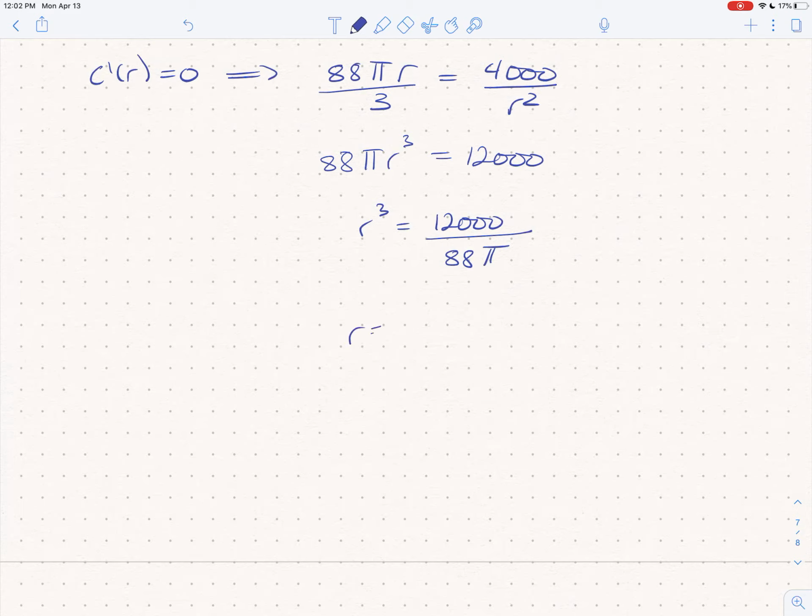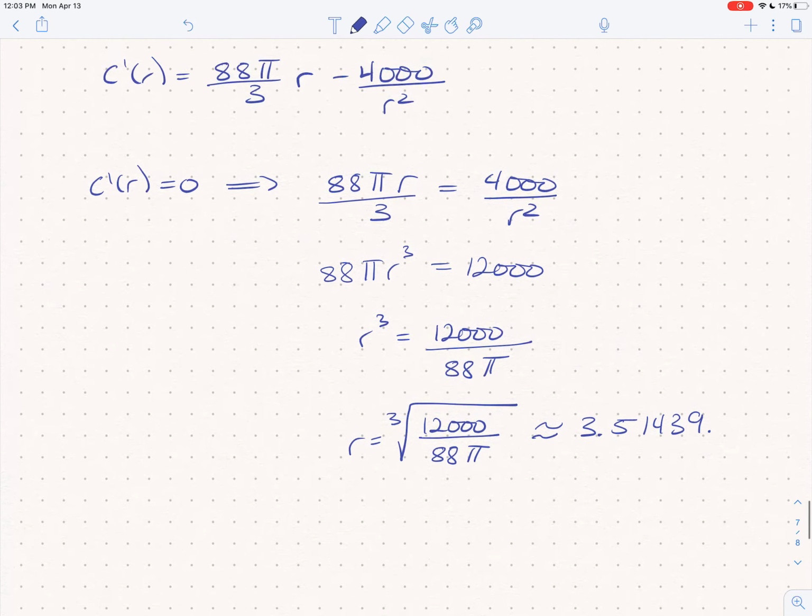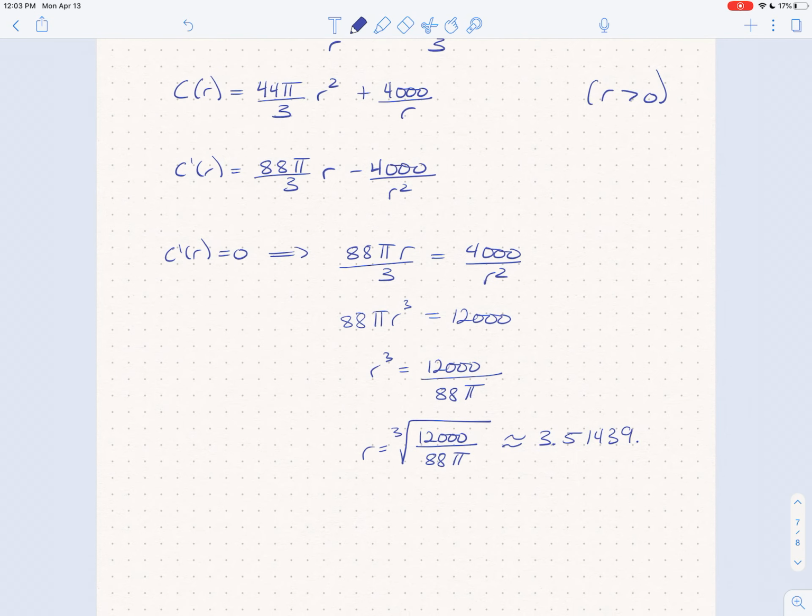I went ahead and just realized that r is the cube root of 12,000 over 88 pi, and then I simplified this. I plugged it in and I got roughly 3.51439.